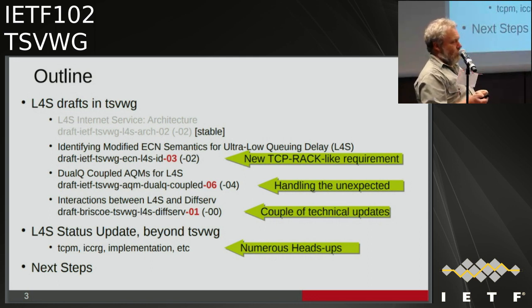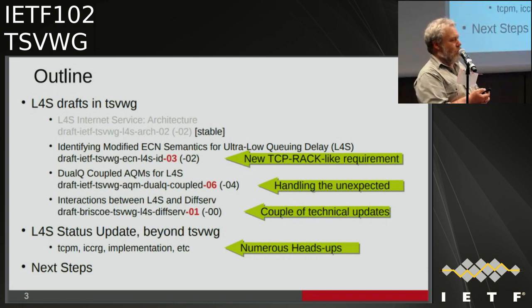I'm going to talk about one particular addition to that, which is a condition for when you can use that code point, and it's related to RACK, which is probably surprising to many people, and we will come on to that. In the dual queue draft, again, there's a number of changes in each of these drafts, and I'm sort of picking out one in each.